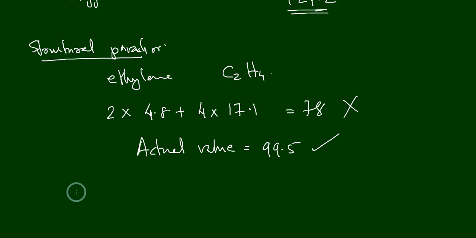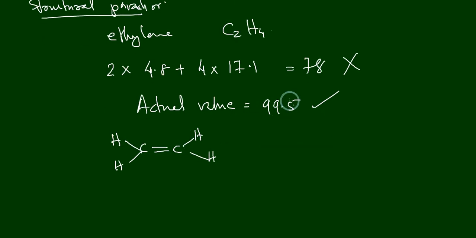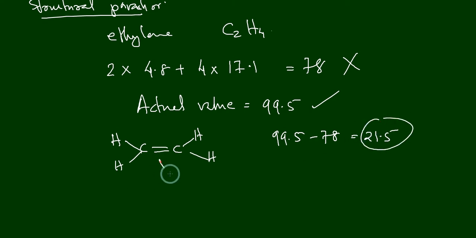What is the structure of C2H4? H2C double bond CH2, so two carbon atoms are connected by a double bond. Where will the additional parachor come from? The difference is 99.5 minus 78, which is equal to 21.5, and this difference must be coming from a structural feature.